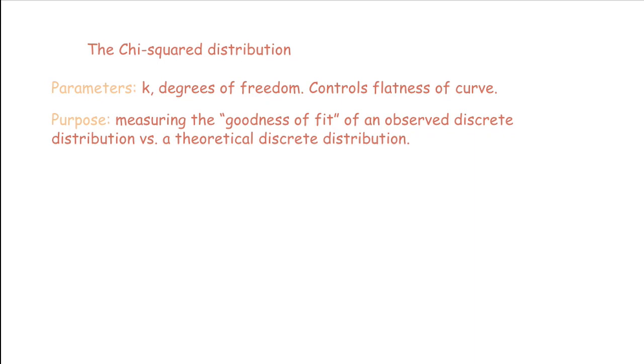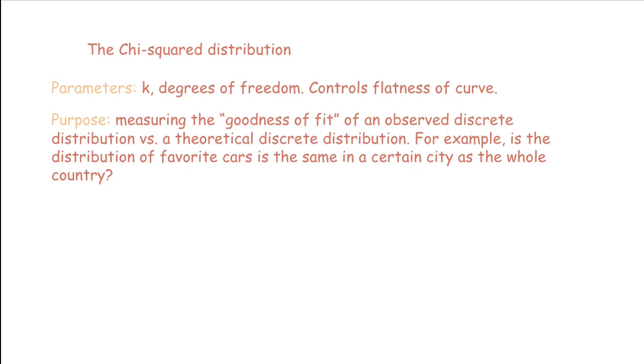We use it mainly for testing how significant is the difference between a sample and a population when the distributions are discrete. For example, is the distribution of favorite cars the same in a certain city as the whole country? Since favorite car is a discrete categorical choice, we use the chi-squared distribution to test it.